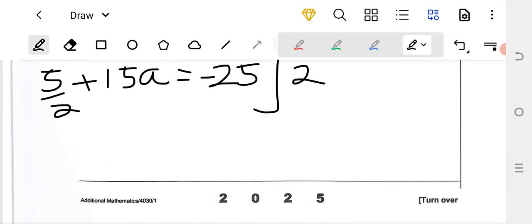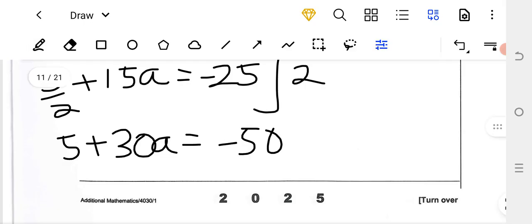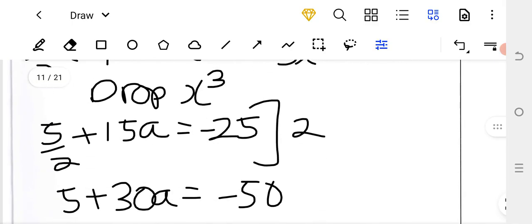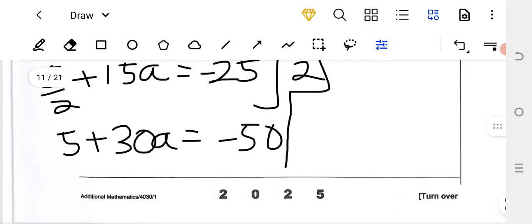We are going to have 5 plus 30a is equal to negative 50. So we continue our answer from there.